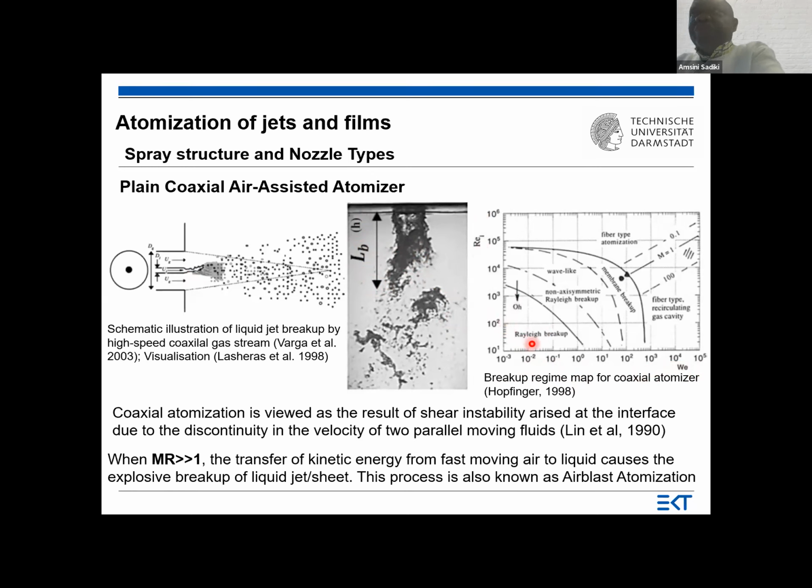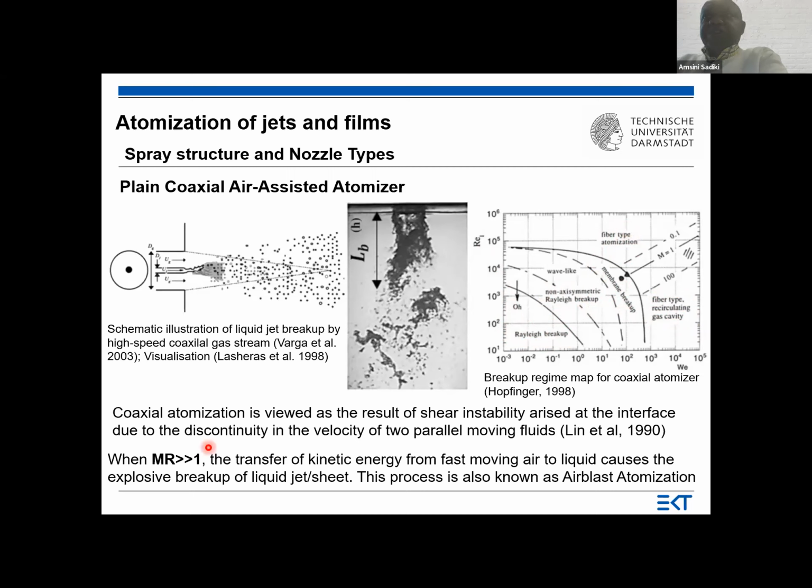And we see that we have almost the same regimes: Rayleigh breakup, non-axisymmetric Rayleigh breakup. And we have the membrane breakup because we have this thin sheet, and we have also some fiber-type breakup with a recirculating gas cavity, and we have also the atomization due to the formation of these ligaments.